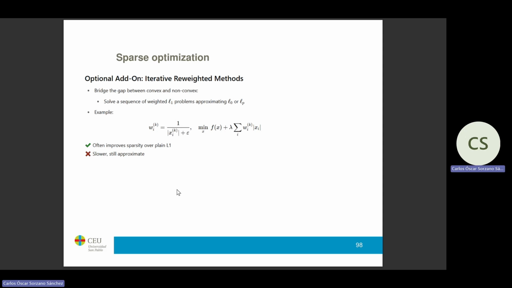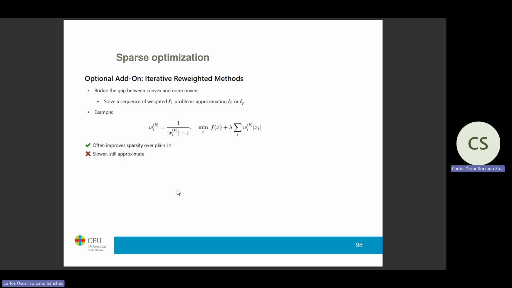And here is another one that is, okay, I will solve a sequence of L1 norms. So this is the L1 norm, but it is weighted. And it is weighted by something that depends on the absolute value of xi. So let's say that for one component, one of the xi's in the current iteration, this xi is very small. It's 10 to the minus 6. Forget about the epsilon.